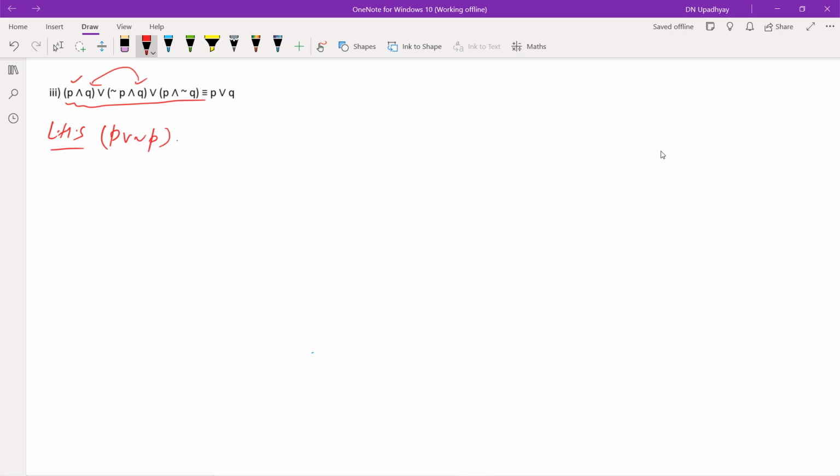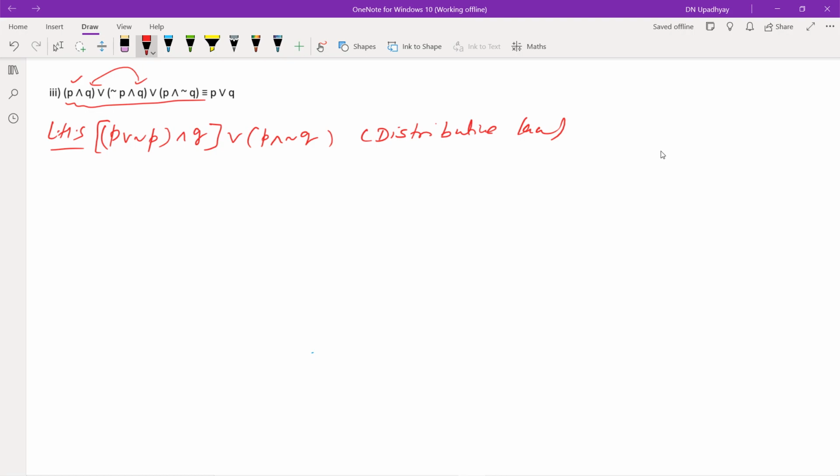So we can use this in the left hand side, P or negation P. P or negation P and Q. This is distributive law. P and third term is P and negation Q by distributive law, right? How to write down?